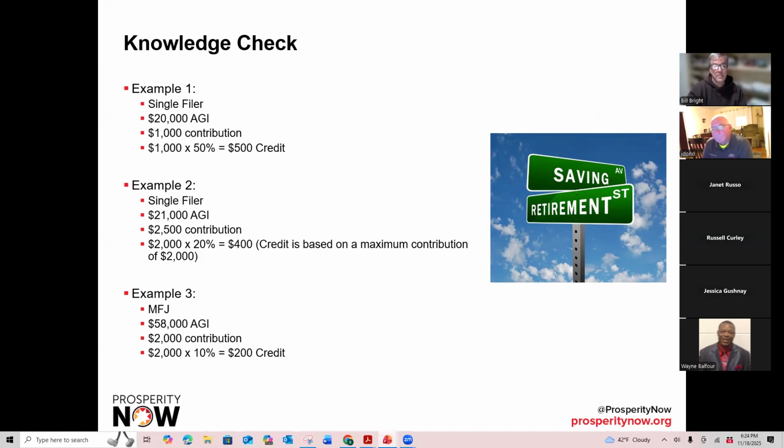He gets to do 20% of the $2,000. This is 400 because that's the maximum. Every now and then you bump into a few people who do get the maximum. Generally older people who are still working and aren't really using it to fund their lifestyle, if you will. They just keep socking it away.